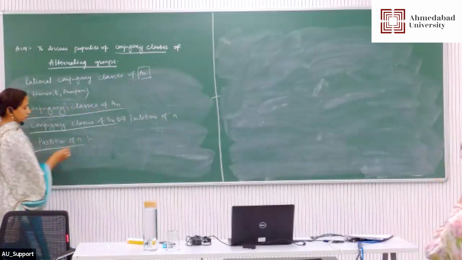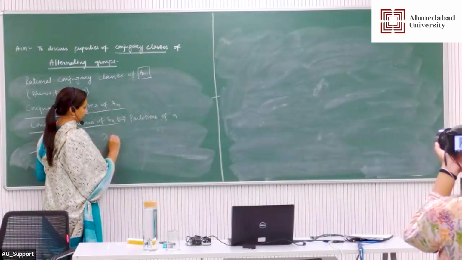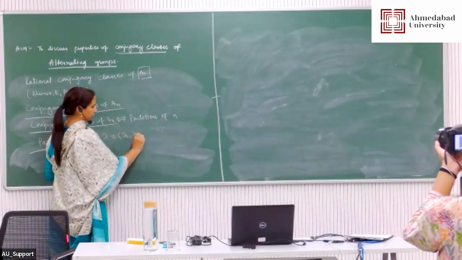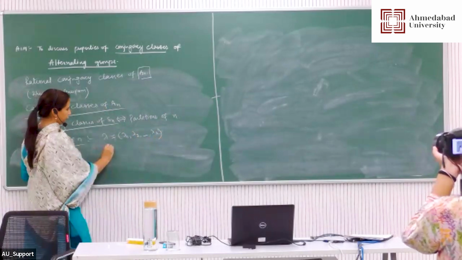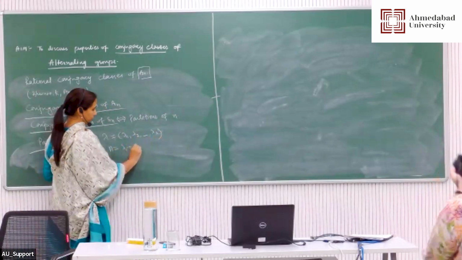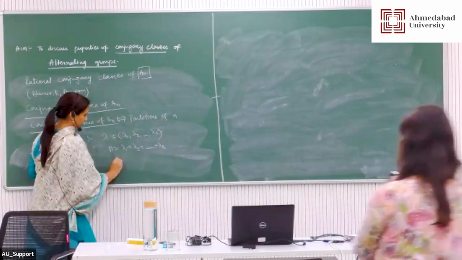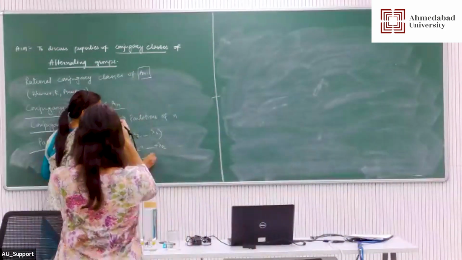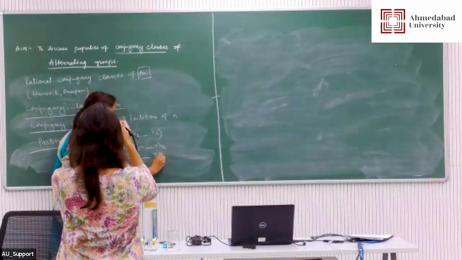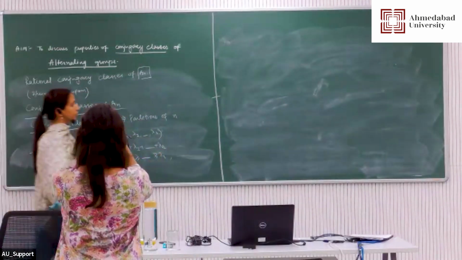Here n is a natural number. Lambda is a sequence lambda 1, lambda 2, ..., lambda r. This is called a partition of n if n is equal to lambda 1 plus lambda 2 and so on. Just for convenience, sometimes we take it as an increasing sequence or sometimes a decreasing sequence. All these are positive numbers. These are the partitions of n.